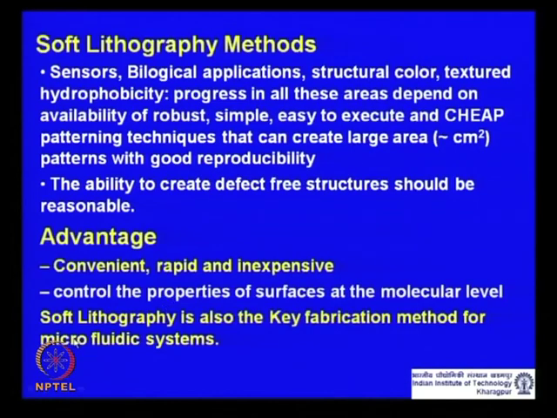Another very advanced branch of engineering, which now has a significant presence in bio and biotechnology and other biological areas, is microfluidics.